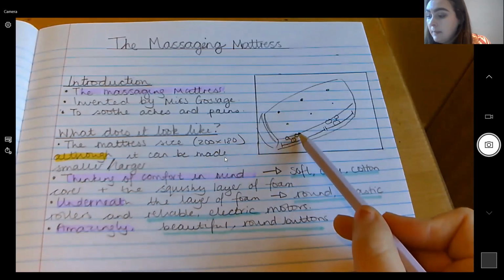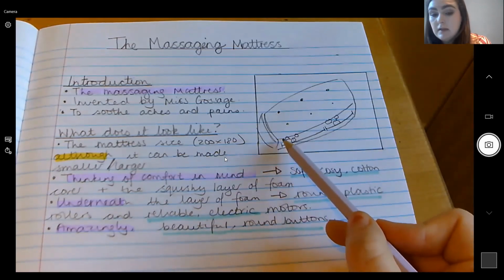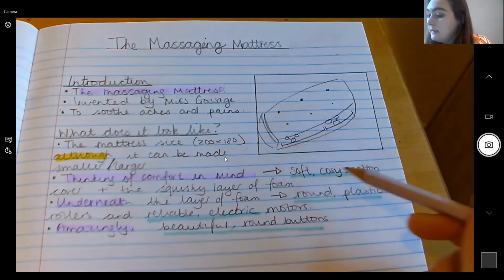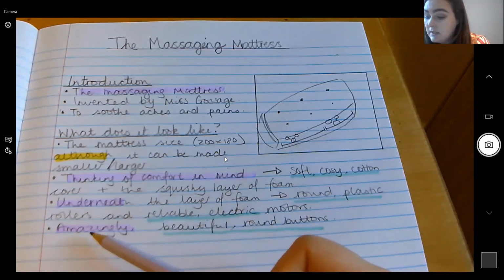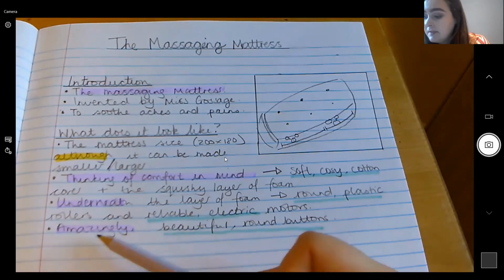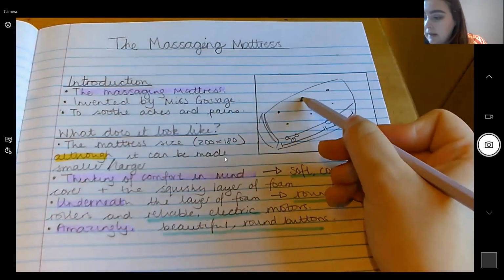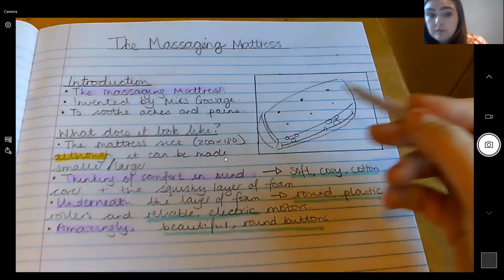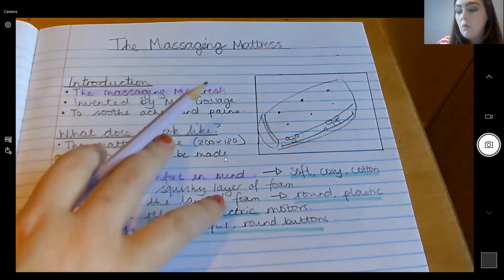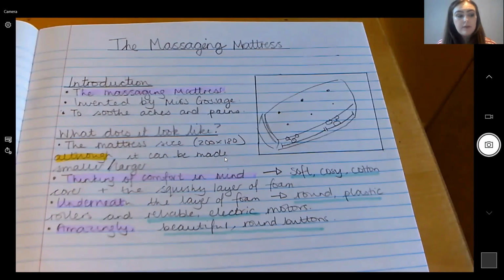And then I've spoken about the mechanics underneath and described what they look like. And then I've used another interesting sentence starter ending in ly, which is amazingly. And then I'm going to speak about the round, beautiful buttons. So please pause the video here to have a go at doing your what does it look like paragraph and come back to the video when you are ready.